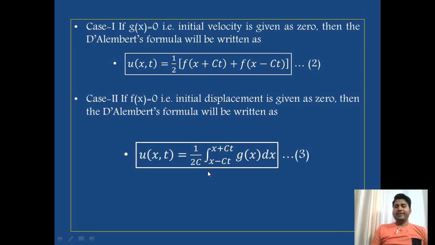Here f(x) is the initial deflection, and we put x plus ct and x minus ct in place of x. So these are the two subcases of D'Alembert's formula for the solution of the one-dimensional wave equation. According to what is given, we will apply these cases.